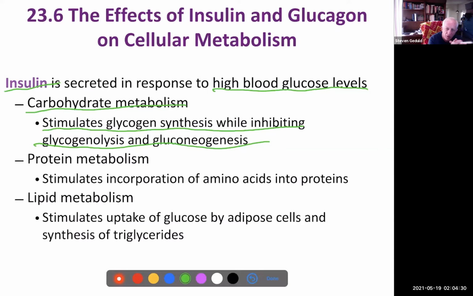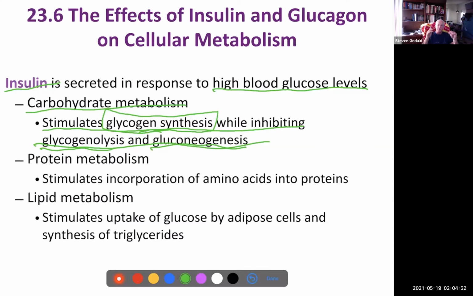The sugars contain monosaccharides we talked about, and it stimulates glycogen synthesis. Glycogen is long chain glucose molecules that store excess glucose from the bloodstream. It inhibits glycogenolysis, so it doesn't produce more glucose, or gluconeogenesis. So we've got too much glucose, that's where we're forming glycogen.